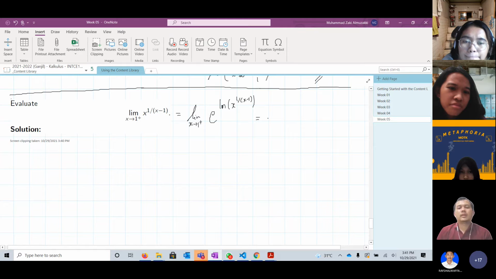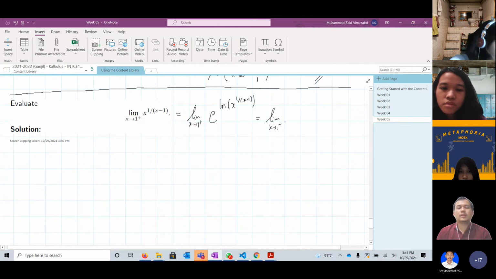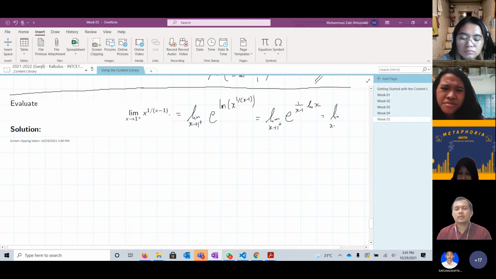Or we can have limit x goes to 1 from the right, e power 1 over x minus 1 ln x. Or we can write it limit x goes to 1 from the right, e power ln x over x minus 1.